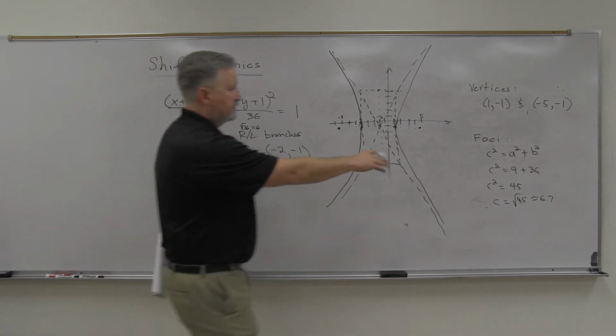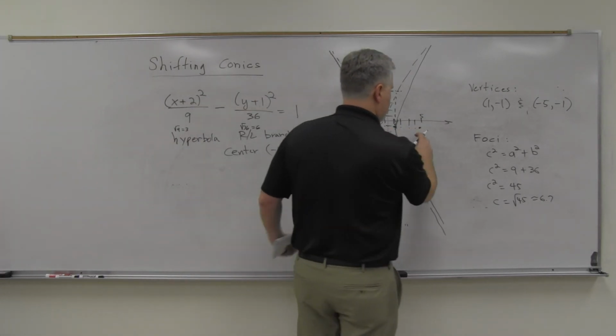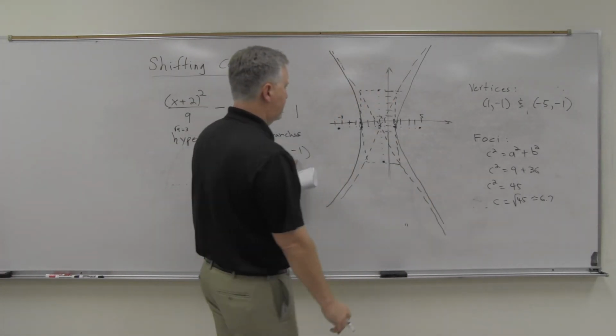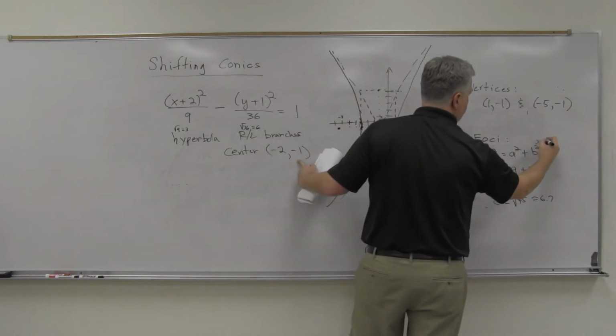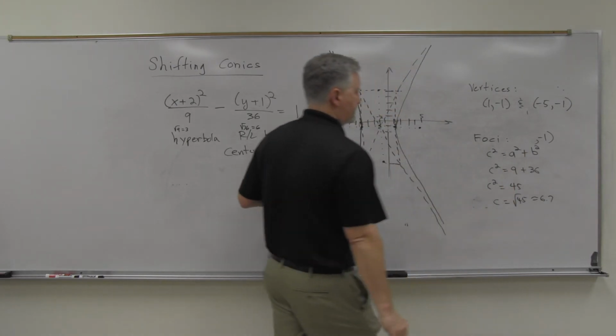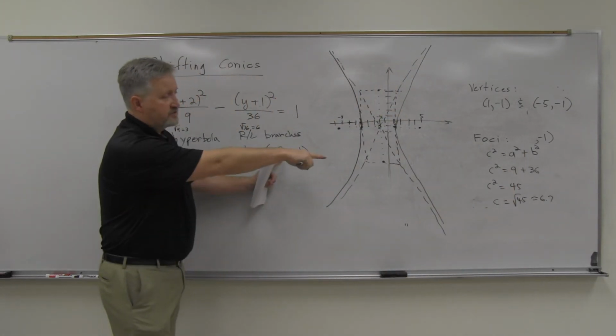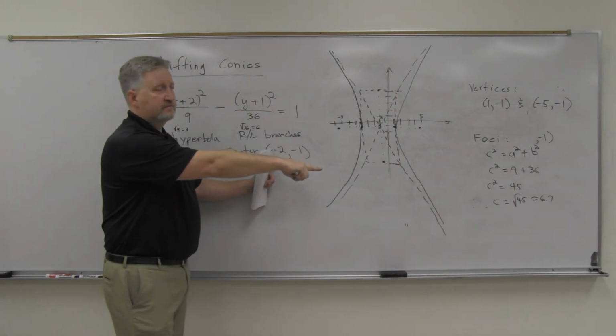But the actual coordinates there, see the center is -2, -1. The y value of both of those, both sides obviously, is -1. And to the -2, you just add and subtract the 6.7 for the foci.